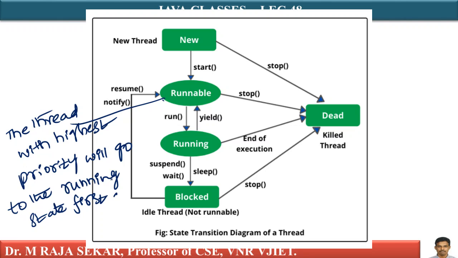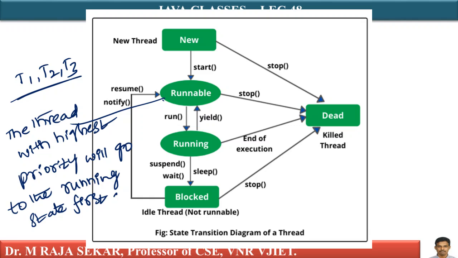That's important, isn't it? If the priorities of all threads are equal, let me say there are different threads in runnable state. Let me say I have thread T1, T2, T3 in my runnable state. It will check which thread has got highest priority. That thread will be sent to the running state.